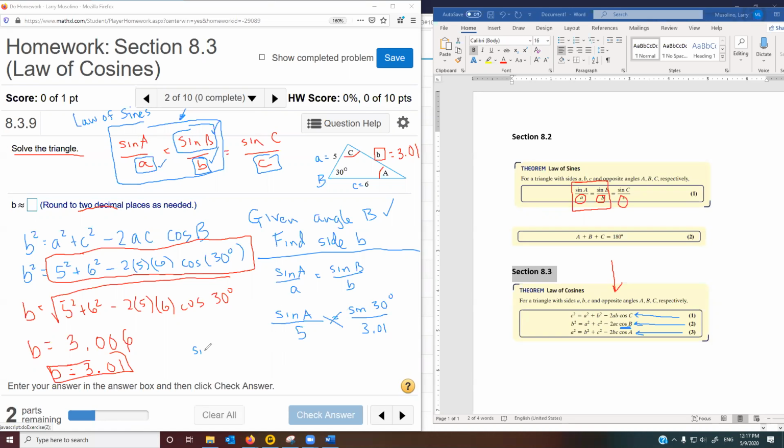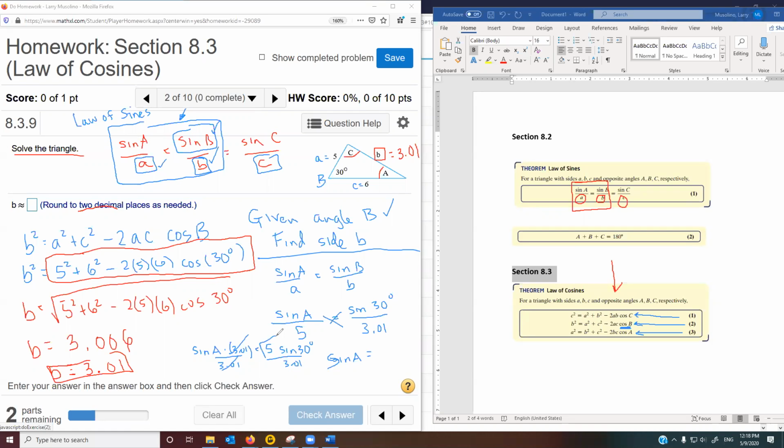All right, I'm going to cross multiply. And that means sine A times 3.01 is equal to 5 times sine 30. I'm going to divide both sides by 3.01. And that's going to leave me that sine A equals, I'm going to work this out on my calculator.